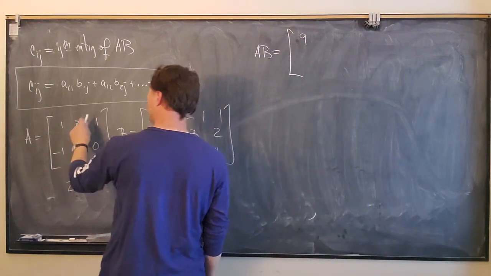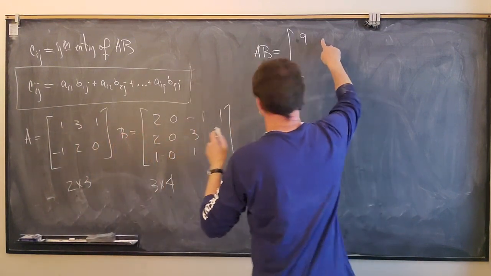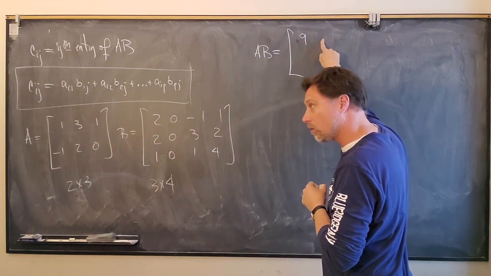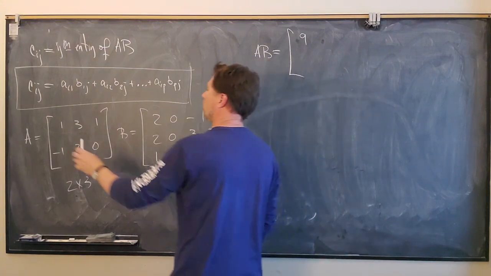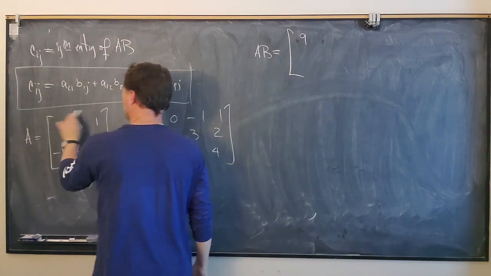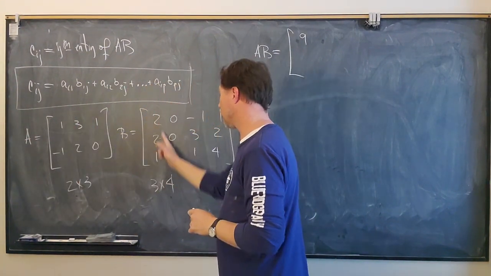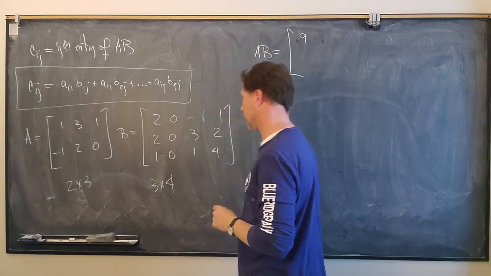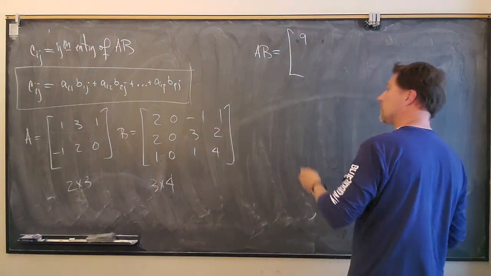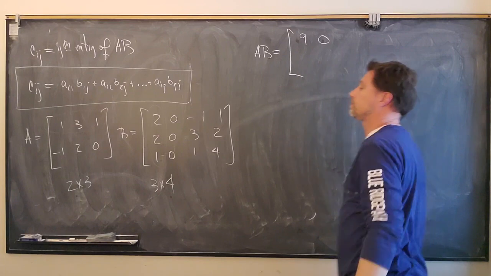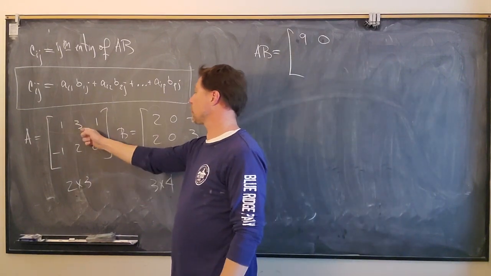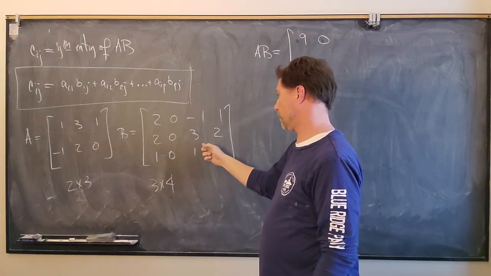Okay, so now I'm going to move on to the next entry in the first row. I'm going to dot the top row with the second column. Well, that's going to give me 0 plus 0 plus 0. Now I'm going to do first row times third column.